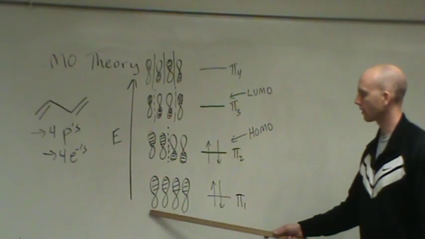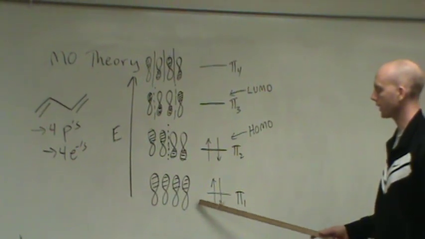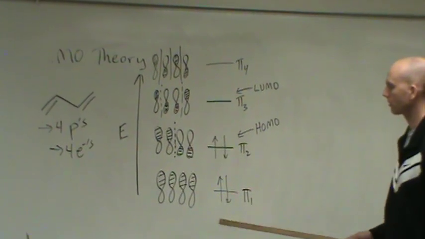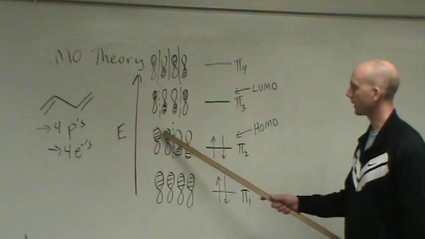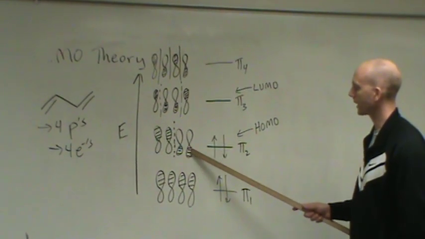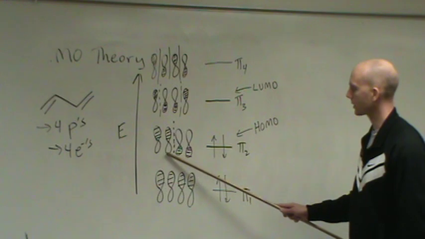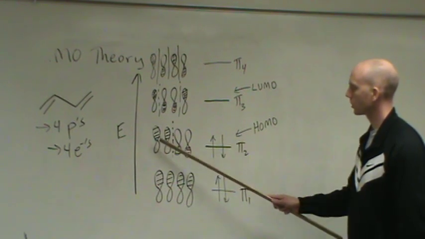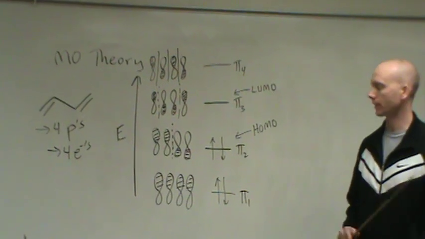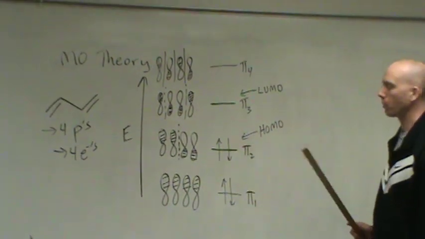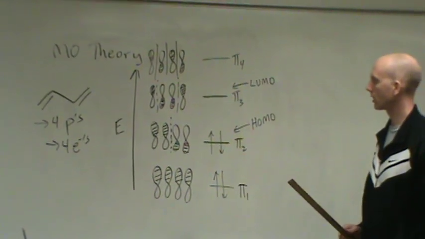Let's take a look here. These four are all in phase, so this is bonding. The next level, I got a bonding here and a bonding here, but an anti-bonding here, so two bondings overcome one anti-bonding. So this is still bonding in nature.